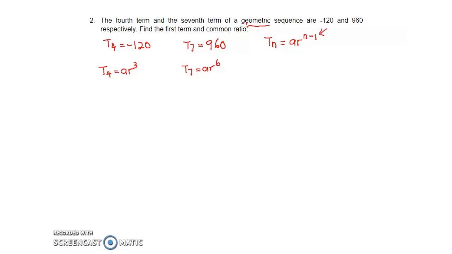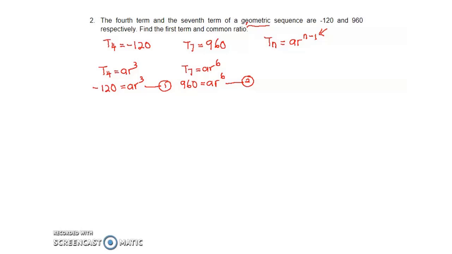Now substitute the value of T4, which is negative 120: this equals AR to the power of 3. T7, 960, equals AR to the power of 6. Let this one be the first equation and T7 here be the second equation.